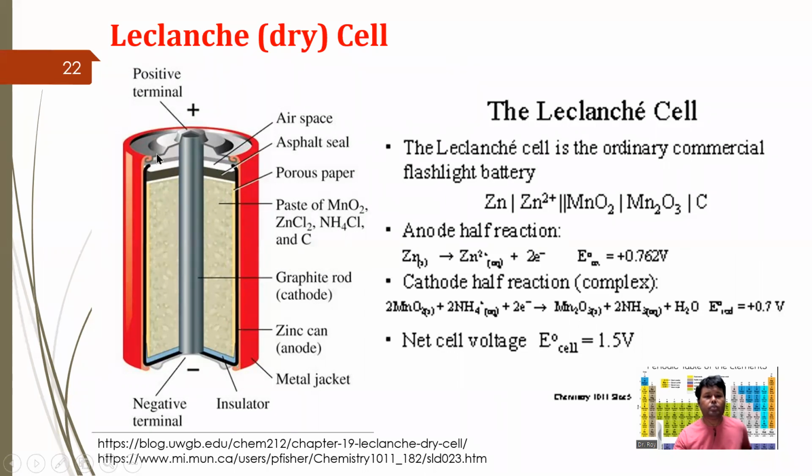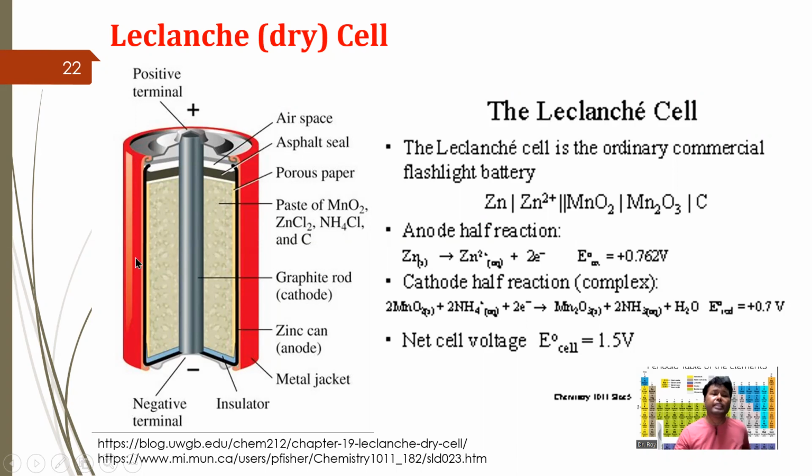Between these two, here we have some cap, porous paper, and then asphalt seal. Here you can see this is a seal, so that no material from the inside can go outside. Outside we have some metal shield, and then paper shield, and then some plastic covering.